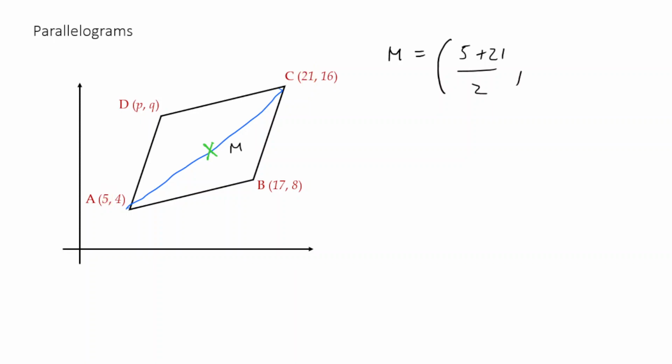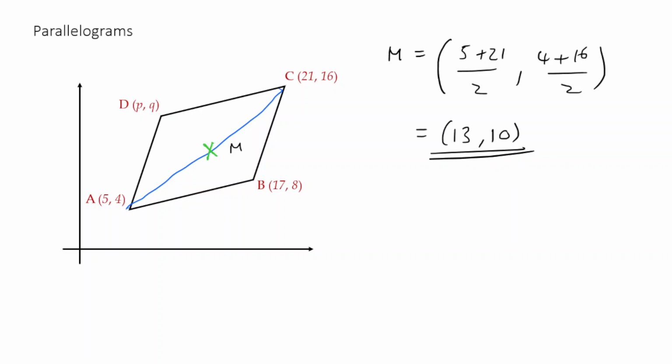Well, the y-coordinate value is going to be y1 plus y2 divided by 2. So 4 plus 16 upon 2. All right, and if I follow that through, 5 plus 21 is 26, and 26 divided by 2 is 13. And 4 plus 16 is 20, divided by 2 is 10. So I know that the midpoint is the point 13, 10.